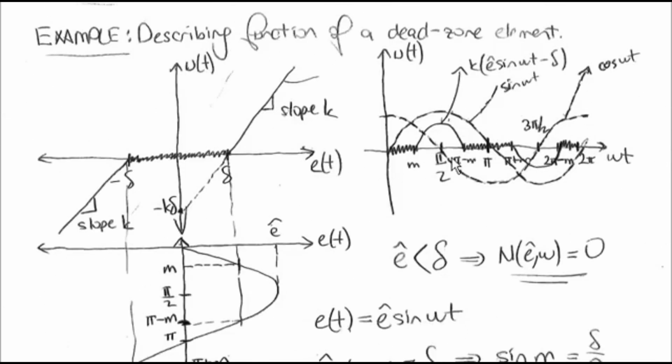The integral was from 0 to pi over 2. So in this interval, the u of t is equal to 0. So here, I need to take the integral from m to pi over 2, not m to pi minus m. In that case, I would have multiplied the result with just 2, not 4. So I'm taking the integral from 0 to pi over 2. So therefore, in this interval, the only part where u times sine is non-zero is between m and pi over 2.